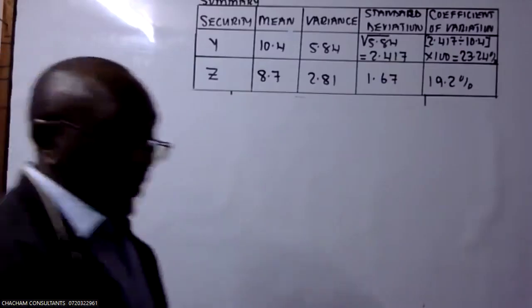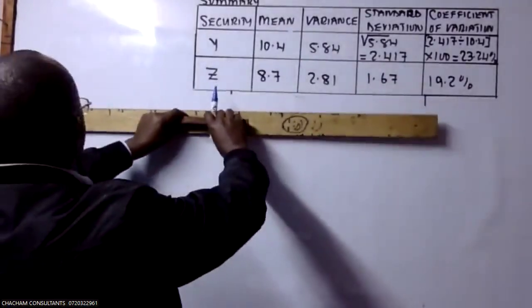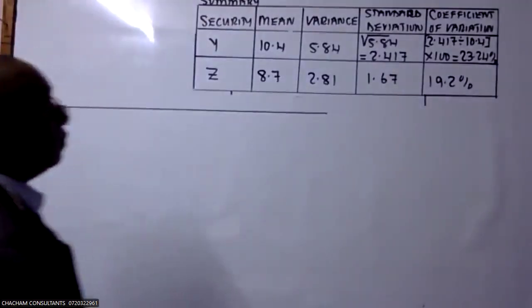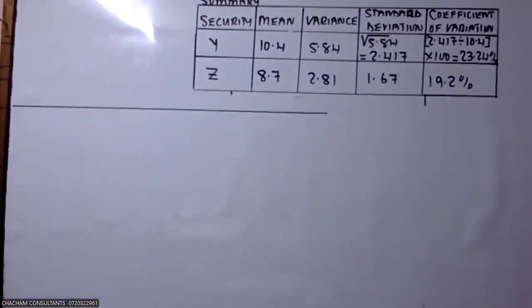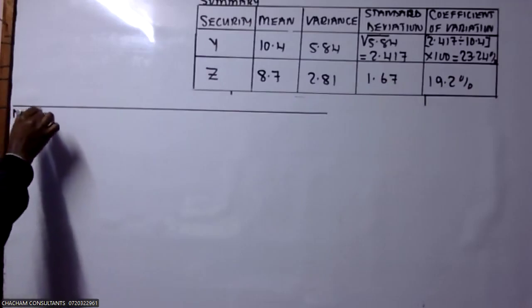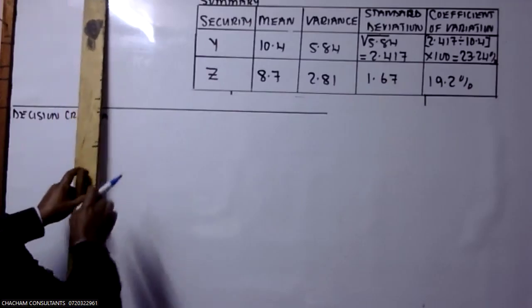we can do another table down there. Unaweza iweka namna hii, decision criteria.